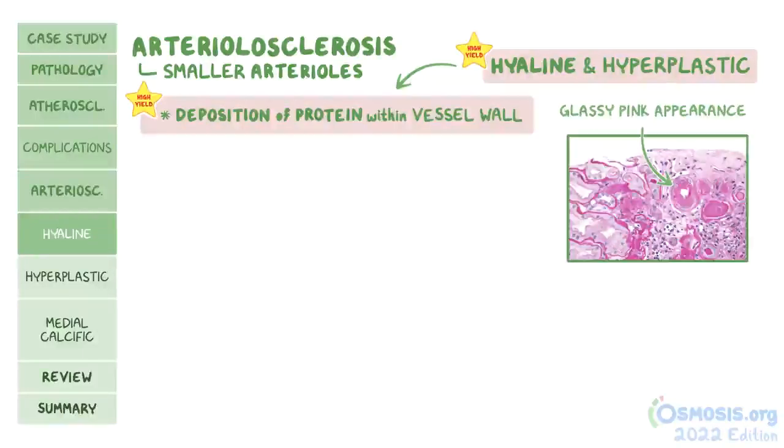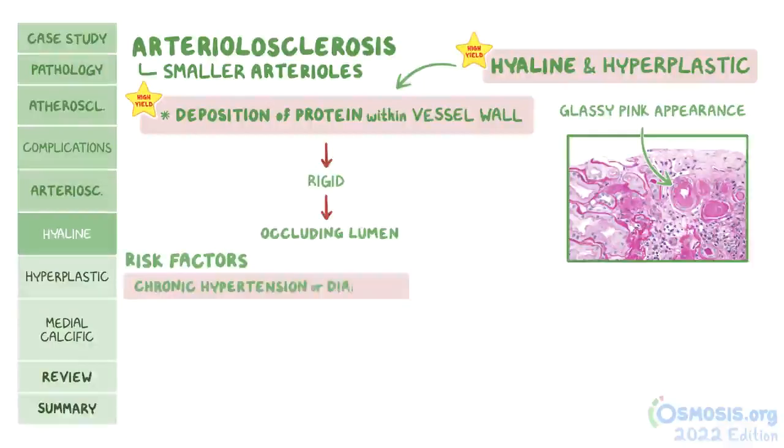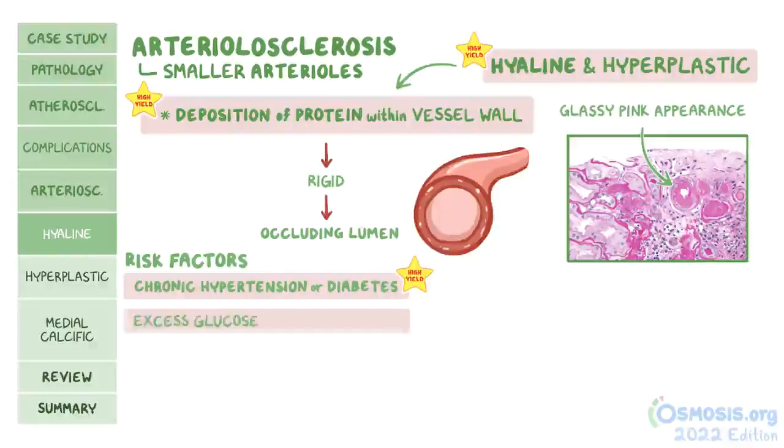Accumulation of protein thickens the blood vessel wall and makes it rigid, occluding the arteriolar lumen. Risk factors include chronic hypertension or diabetes. In hypertension, the increased arterial wall stress literally pushes plasma proteins into the blood vessel wall. In diabetes, excess glucose combines with the proteins of the arteriolar basement membrane, a process called non-enzymatic glycation.